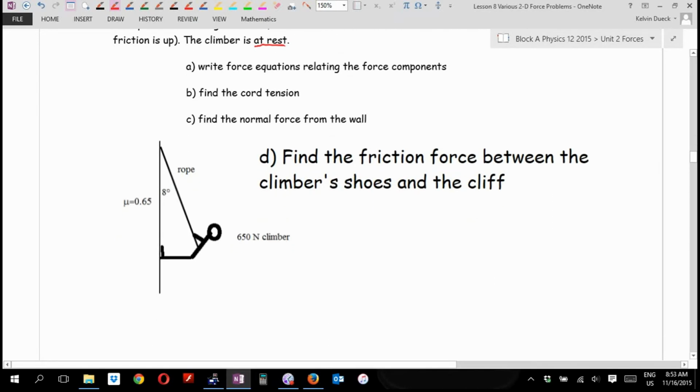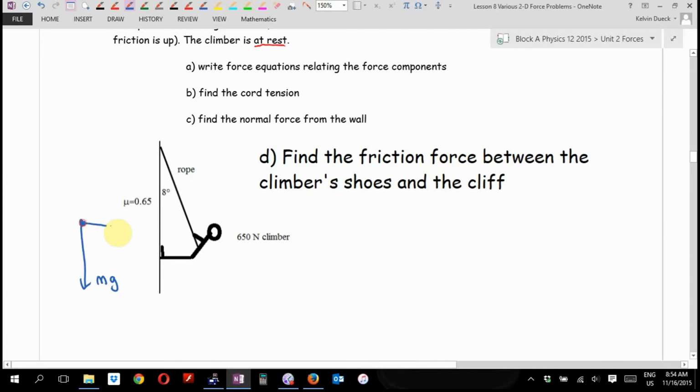So free body diagram. Here, I'm actually going to draw a free body diagram. I'm going to say to myself, self, here is the climber. What are the forces acting on him? Get the obvious one. What else?